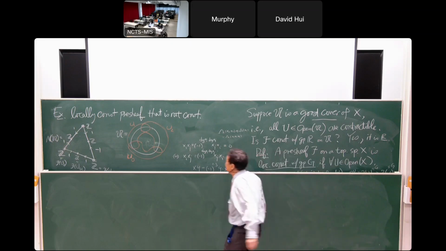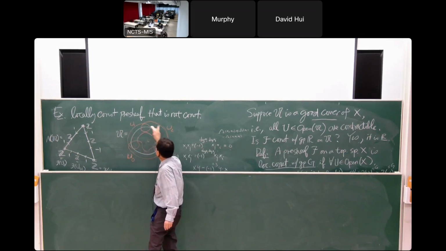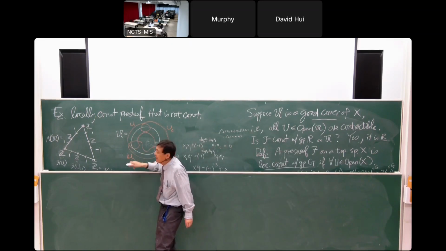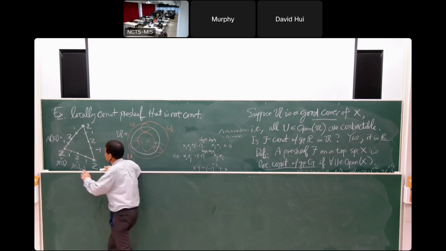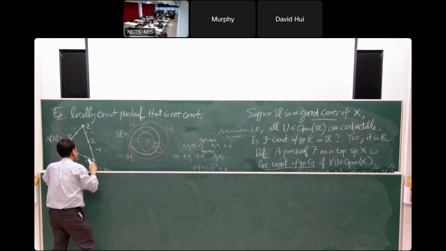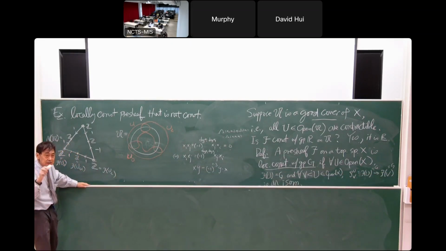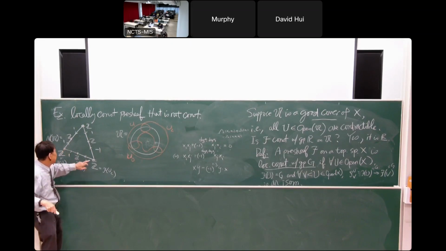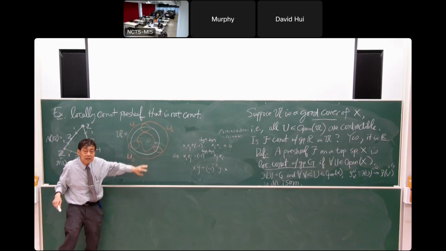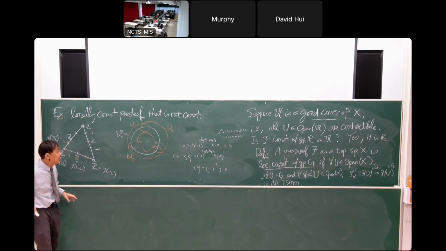Okay, now because the cover has only 3 open sets, the nerve has only 3 vertices. But the presheaf should associate a group not just to the open sets, but also to the non-empty finite intersections. And so you also need to take these edges that represent the non-empty finite intersections.